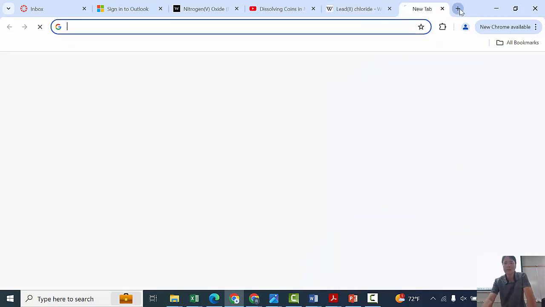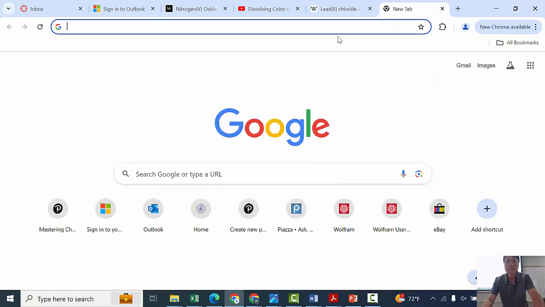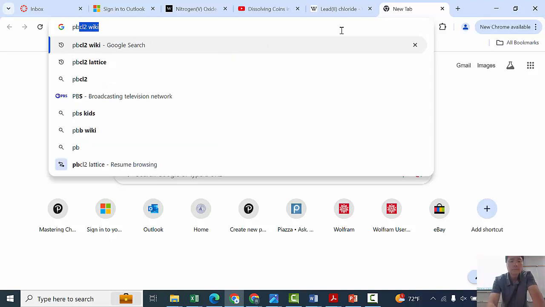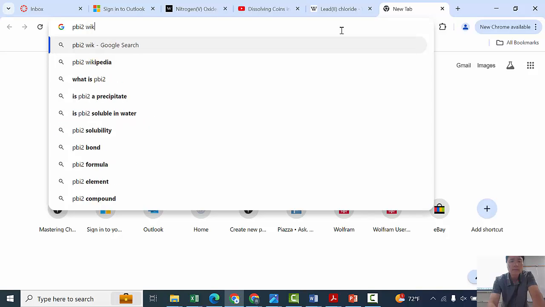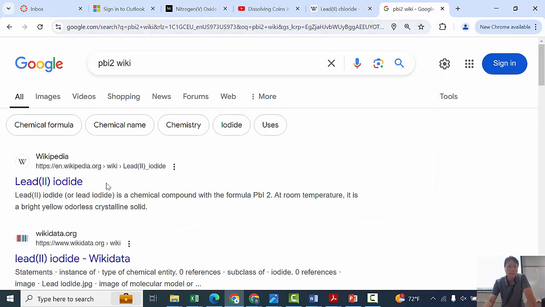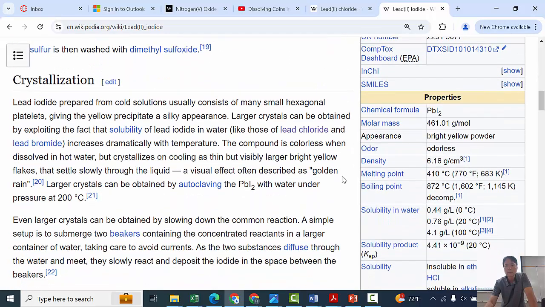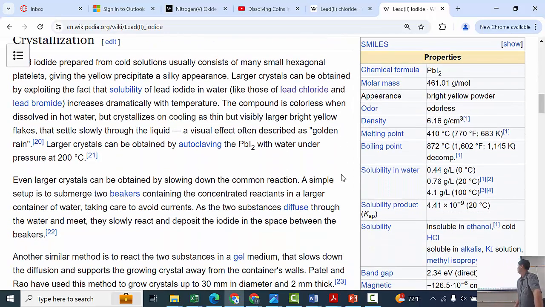What about PbI2? It's 0.76 grams per liter, which is 0.076 grams per 100 milliliters. PbI2 is a heck of a lot less soluble.